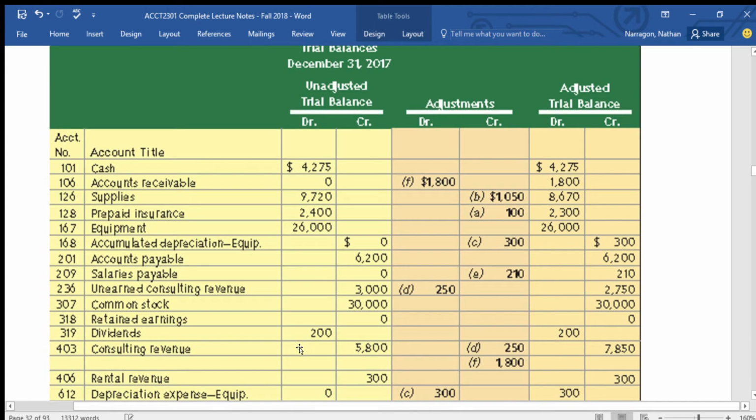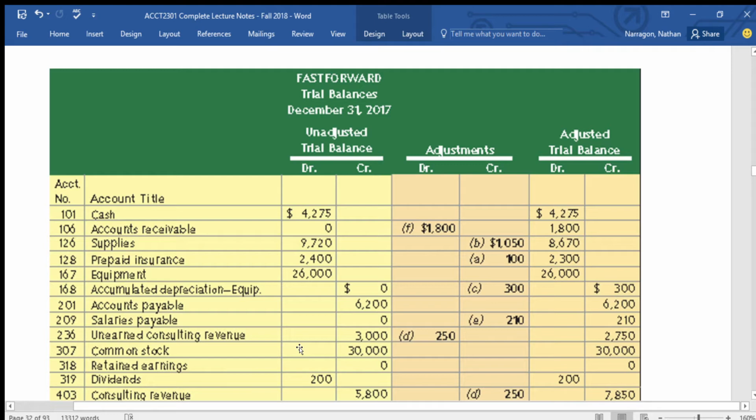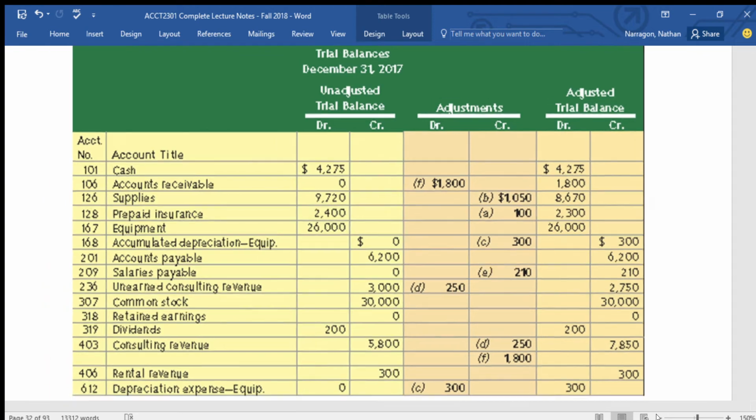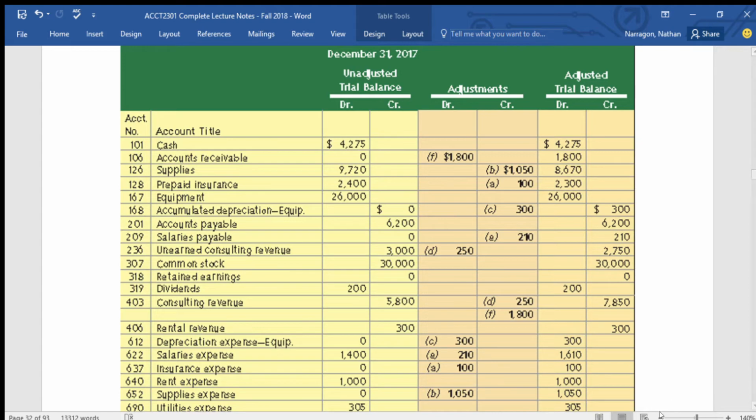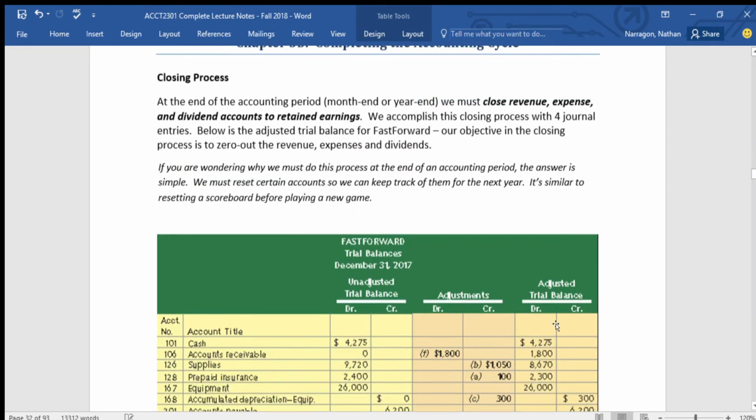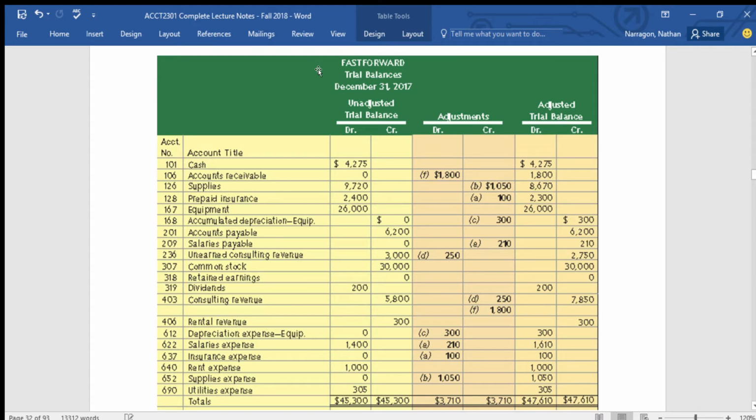So first off, if you remember from the previous video, here was our adjusted trial balance. Right here, we have our unadjusted trial balance, what we started off with, our adjusting entries, and now again our adjusted trial balance once we've added the adjusting entries to the amounts of the unadjusted.